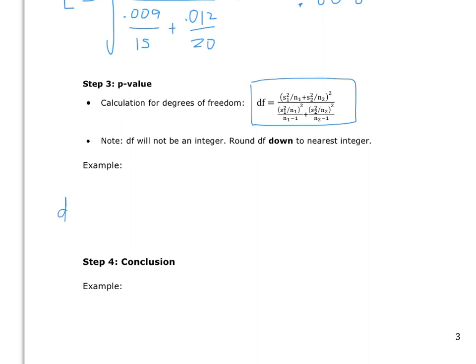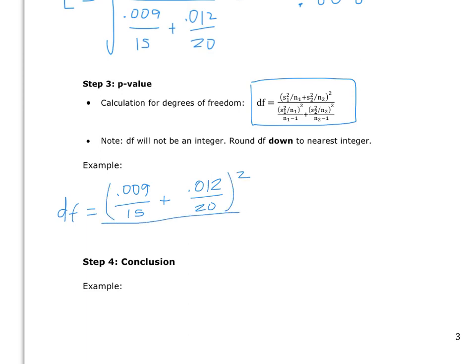So let's calculate that. In the numerator, we've got the standard deviation of the first sample, 0.009, over the sample size, 15, plus the standard deviation of the second sample over its sample size of 20, and then that whole thing is squared.